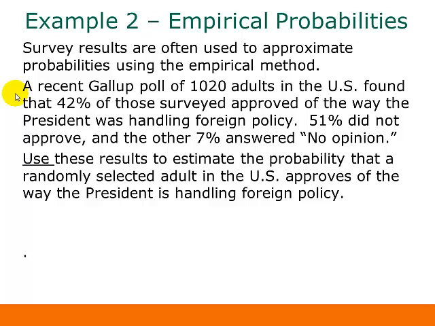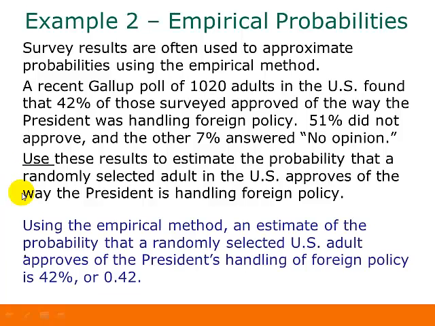Use these results to estimate the probability that a randomly selected adult in the United States approves of the way the president is handling foreign policy. Using the empirical method, an estimate of the probability that a randomly selected U.S. adult approves of the president's handling of foreign policy would be 42% or 0.42.